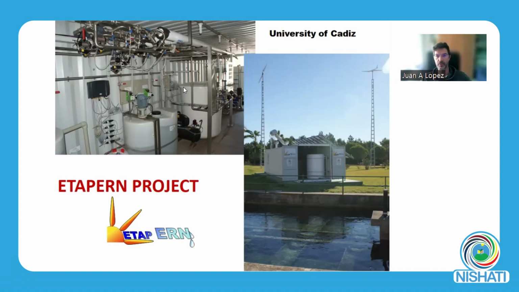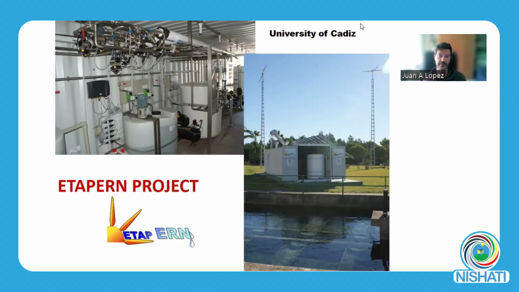We had 2 windmills and a photovoltaic field, and the plant was experimental, so we controlled every variable in the process. We had a lot of sensors everywhere, and the main objective of this project was to increase the water quality, the drinking water quality in the Bay of Cadiz.